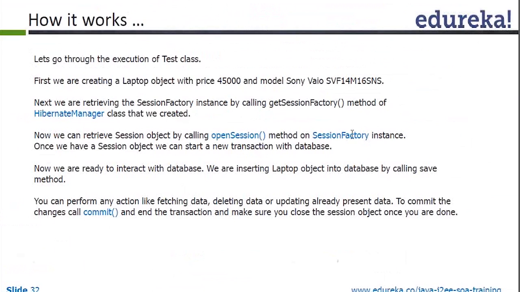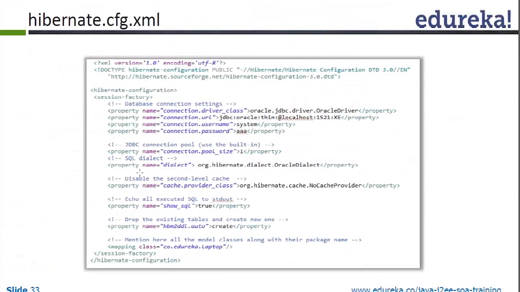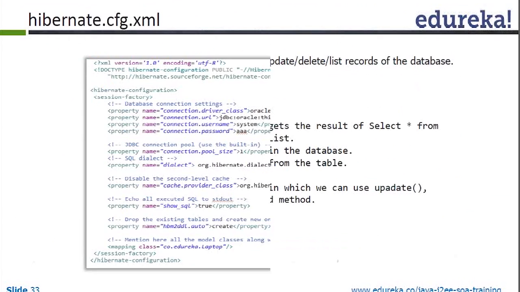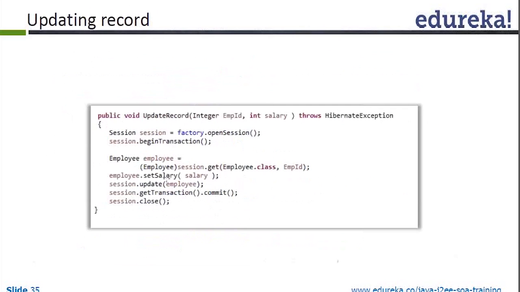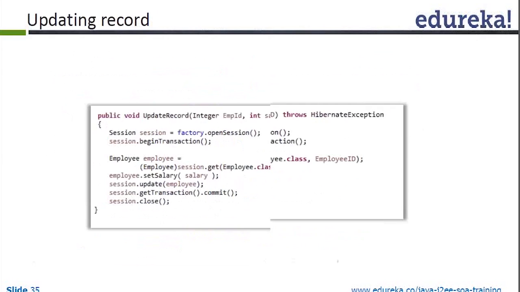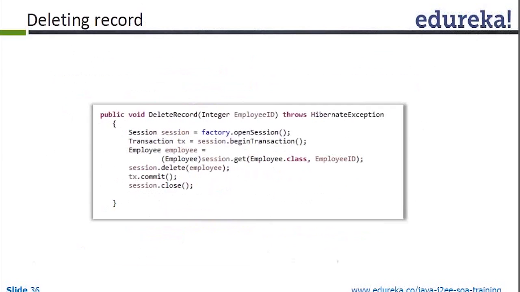You have to get the SessionFactory, then open the session, then start the transaction, and after performing the operation you have to commit your changes. These are the properties which we have covered, hibernate.cfg.xml. We have covered various operations: add, list, update, and delete. These are the operations to update a record, and this is to delete a record.